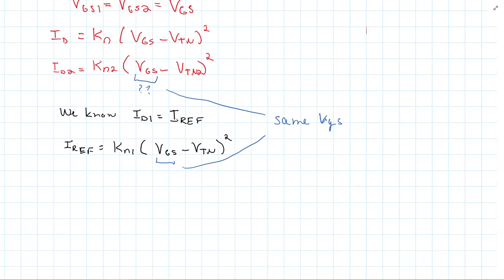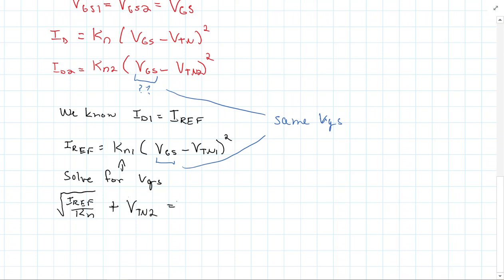So what I'm going to do is solve for VGS in this equation. I'm not going to show all the steps, it's just simple algebra. The square root of Iref over Kn, plus, I should emphasize this is VTN1, equals VGS.